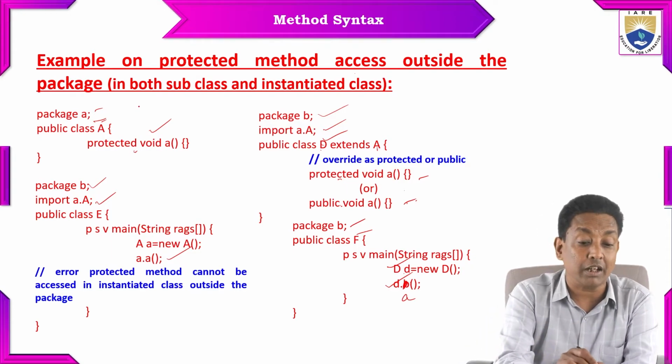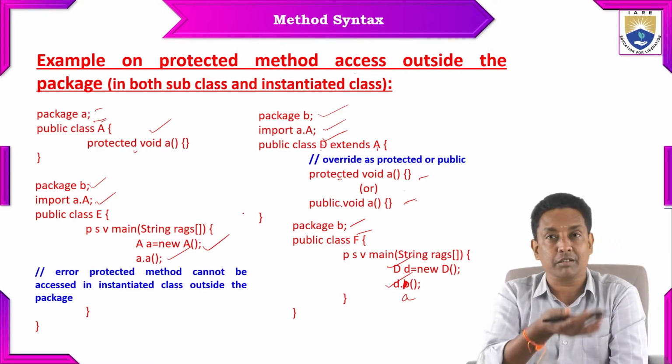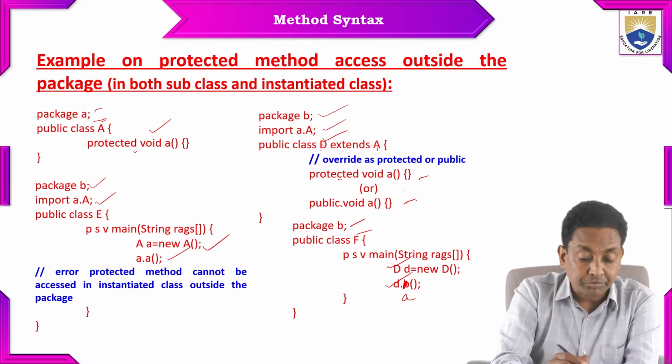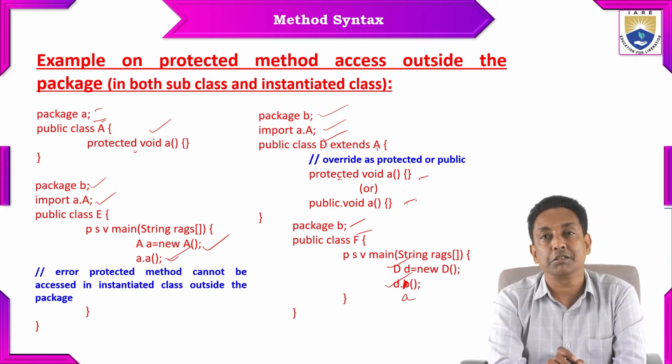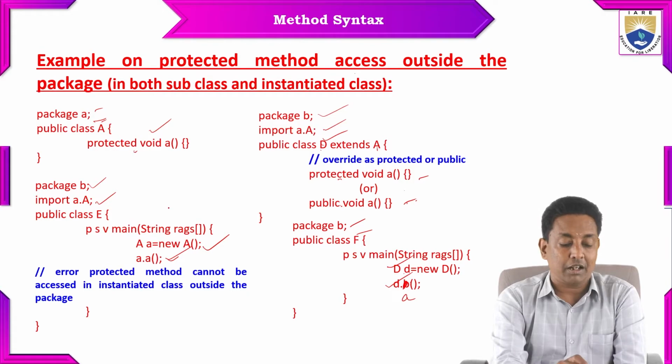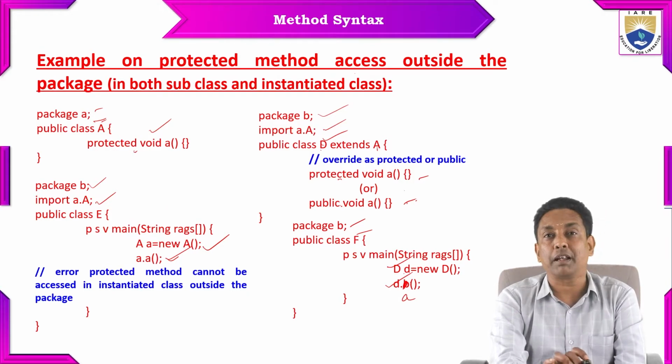But if you try to create an object of A, because the class is public, an A class object can be created. But the moment we call A dot A, a protected member cannot be accessed by an instantiated class outside the package. Error: protected method cannot be accessed in an instantiated class outside the package.